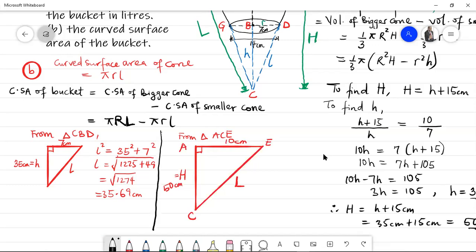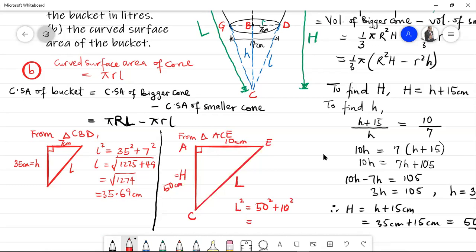So conclusively, we need to calculate big L. By Pythagoras theorem again, big L squared is going to be equal to 50 squared plus 10 squared. And then we later take the square root to find the value of big L.